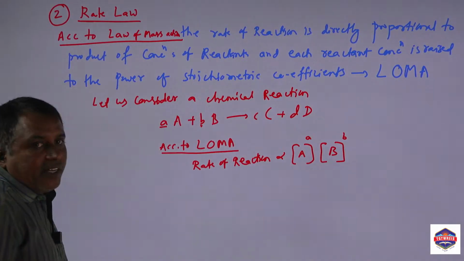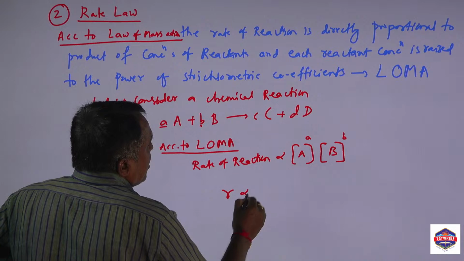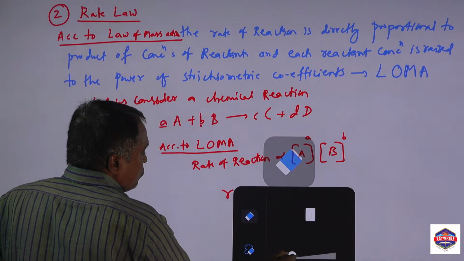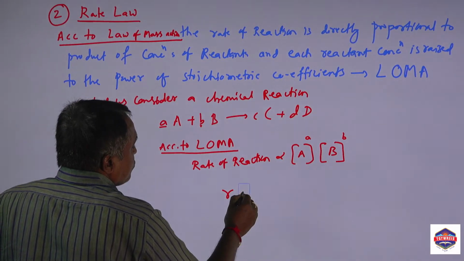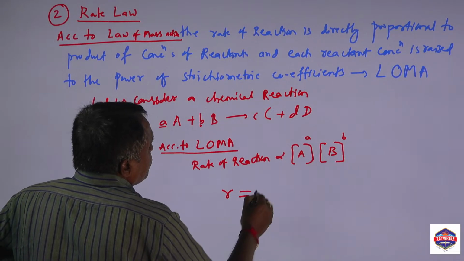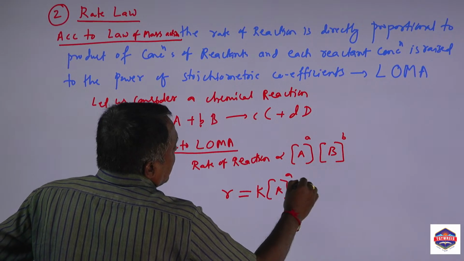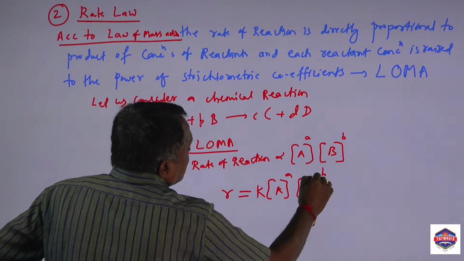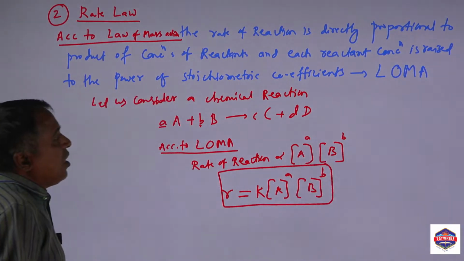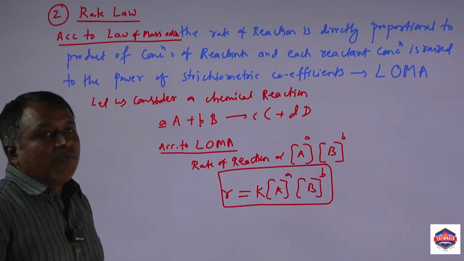So the rate of reaction R is equal to one constant k into A power a and B power b. This is the rate equation as per the law of mass action.